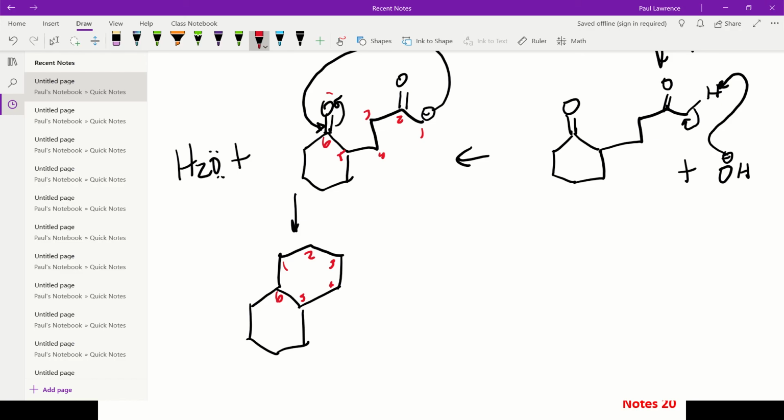So at carbon 6 right here, we still have a single bonded O-. And on carbon 2, we still have a double bonded oxygen. We just generated water again, so we will do another proton transfer step.